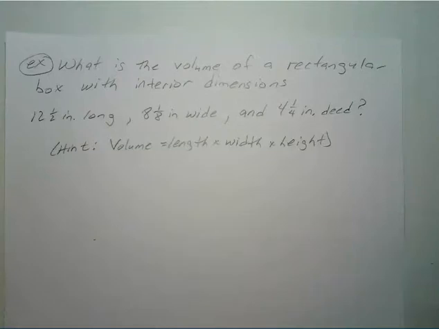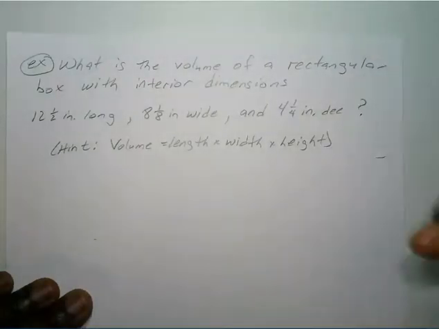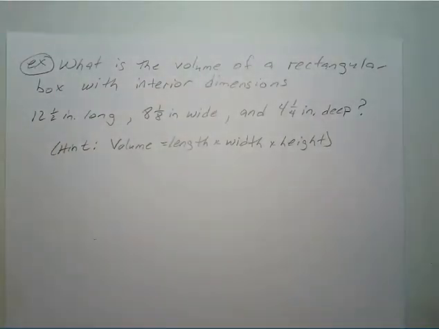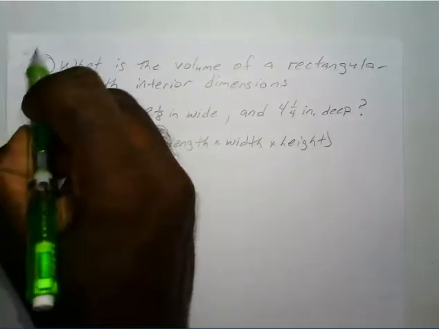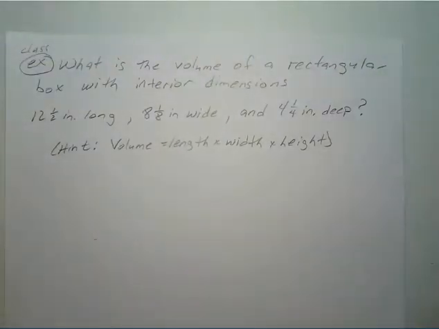It says, what is the volume of a rectangular box with interior dimensions 12 1/2 inches long, 8 1/8 inch wide, and 4 1/4 inch deep? Hint, volume is equal to length times the width times the height. So, once again, I want you to press pause and try to solve this one on your own.